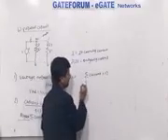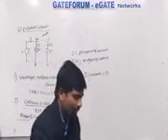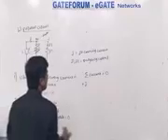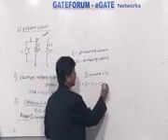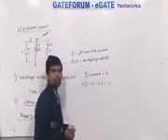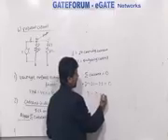So, plus I. Why plus I? Because incoming current is treated as a positive. Outgoing current is treated as a negative. So, plus I minus I1 minus I2 is equal to 0. So, I can say that I is equal to I1 plus I2.